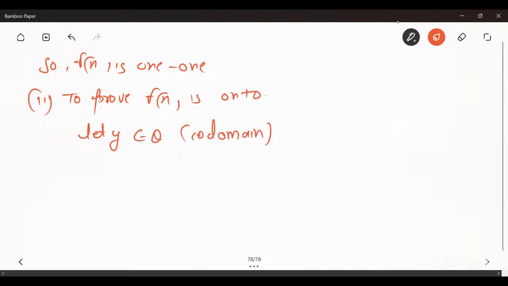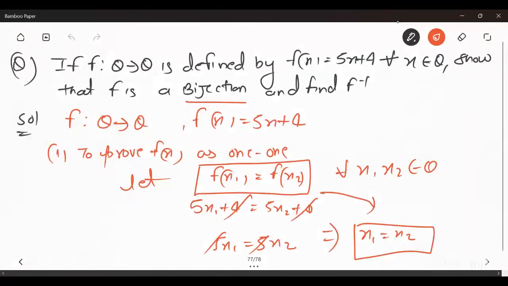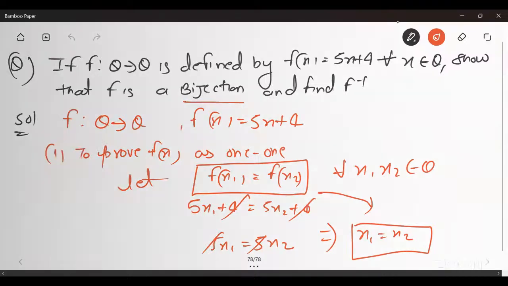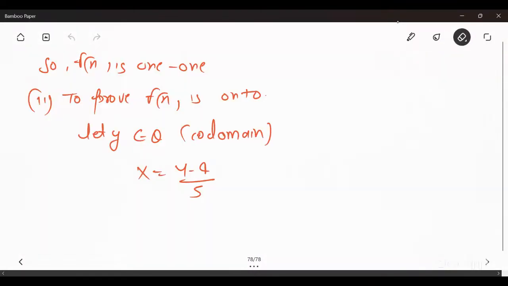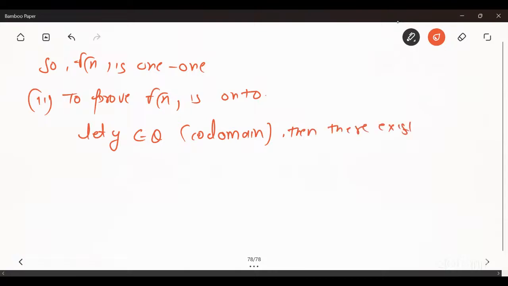If any element belongs to the codomain, then there exists x such that f(x) is equal to y.